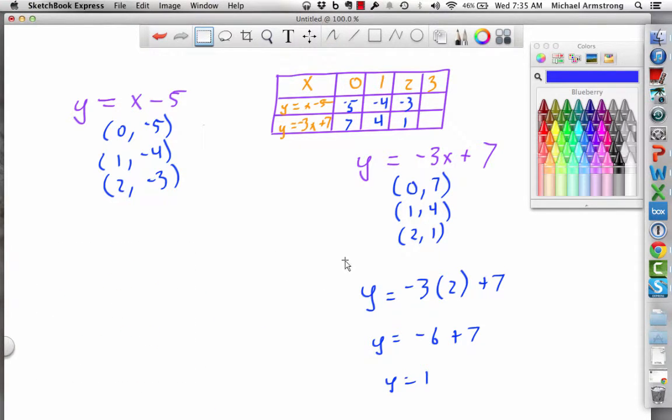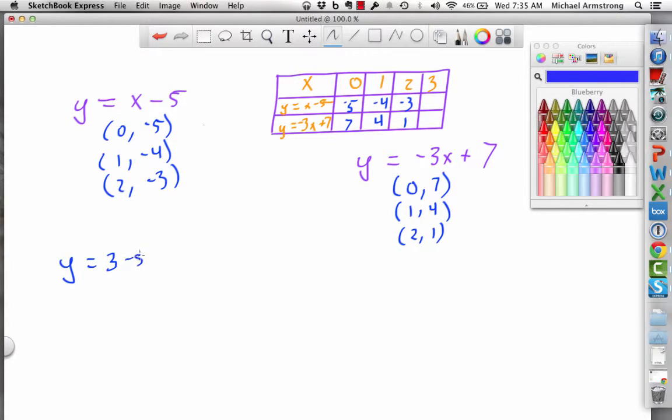I hope that's making sense. This is actually not the way I like to do it, and I'm going to show you real quick the way I like to do it when we get one more done. So we got 3 here now. So y is equal to 3 goes in for x minus 5. So y is equal to -2. So that equals 3 and -2.